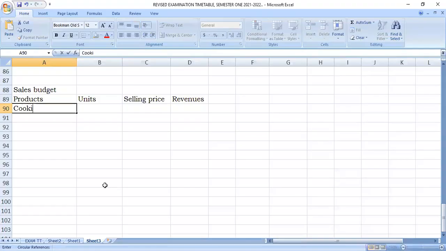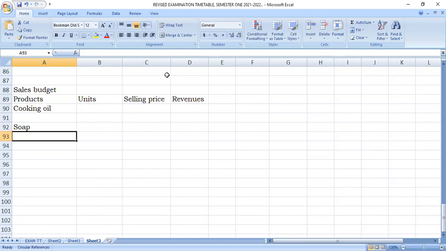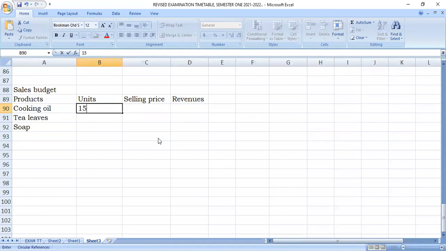So you have cooking oil, soap, tea leaves. The number of units are also given clearly: 15,000, 3,000, and then 6,000.